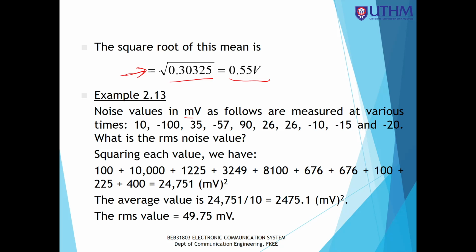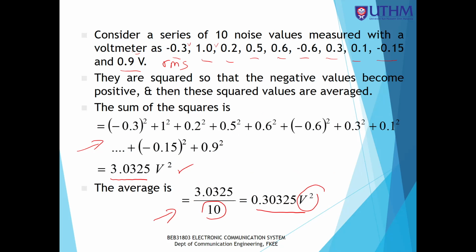Tadi saya buat ini tak sempat, nanti kamu confuse, so saya padam yang ini. So these are the measured noise values using the voltmeter. Okay, ini semua adalah bacaan-bacaan noise voltage menggunakan voltmeter. Okay, you ada 10 values. So you want to find how much is the RMS noise voltage.